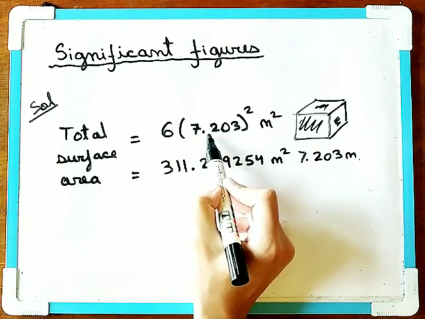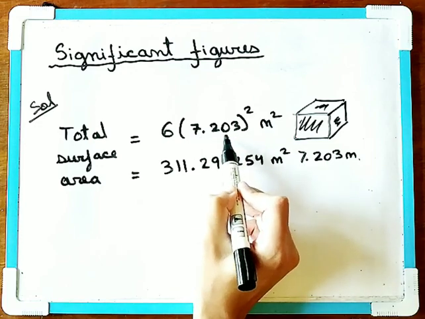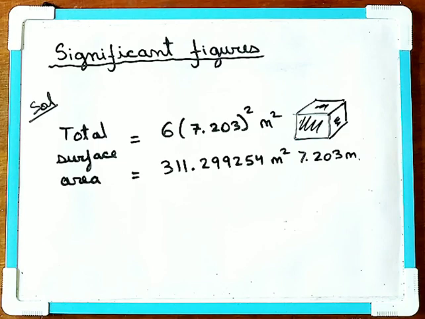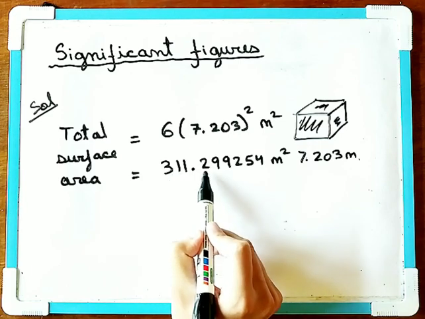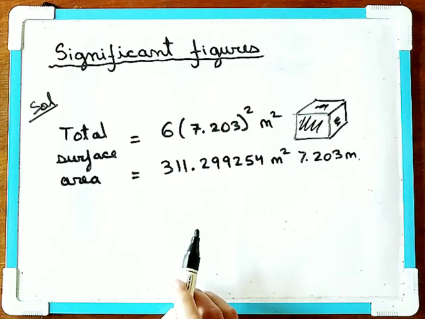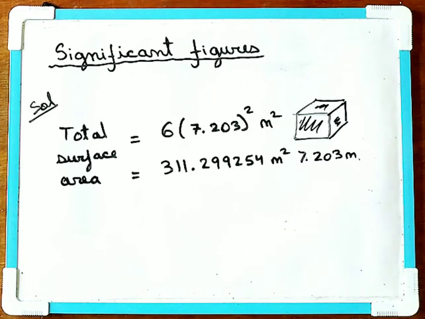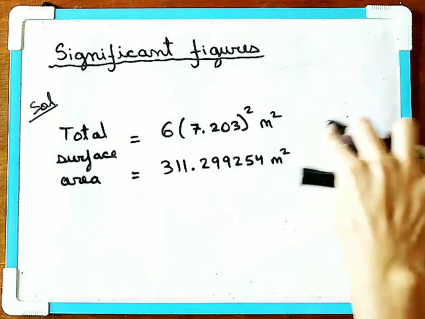Here 7.203 has 4 significant figures, so the result also should have 4 significant figures. Here we have 1, 2, 3, 4, 5, 6, 7, 8, 9, so there are 9 significant figures. So we'll have to round it off from 9 significant figures to 4.